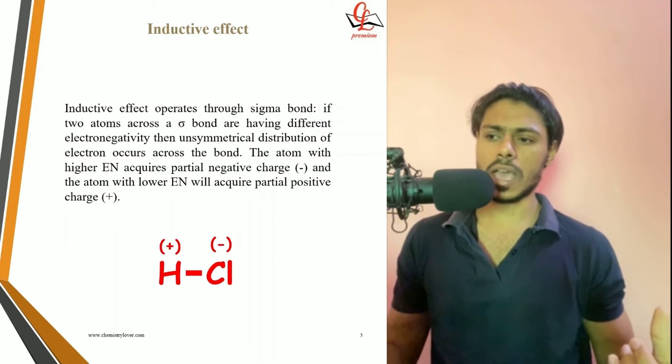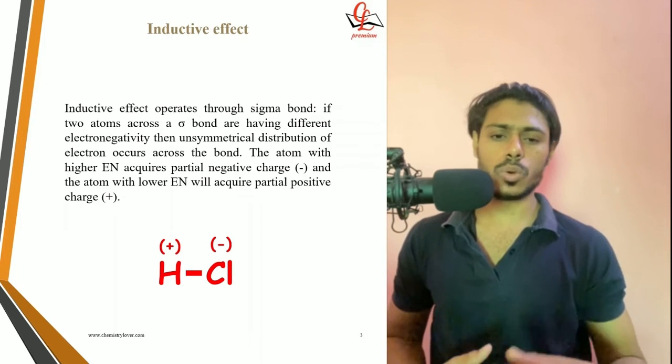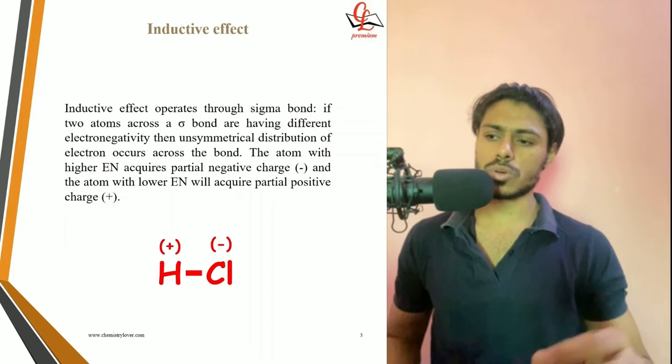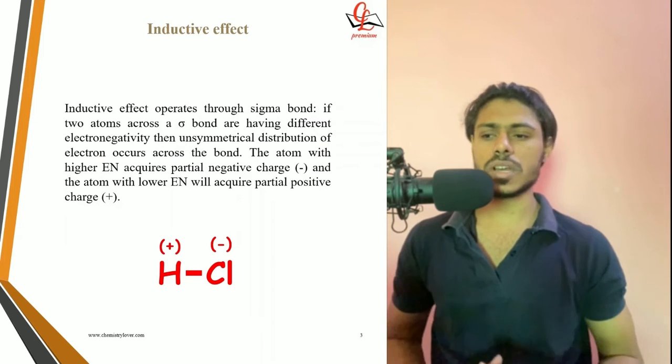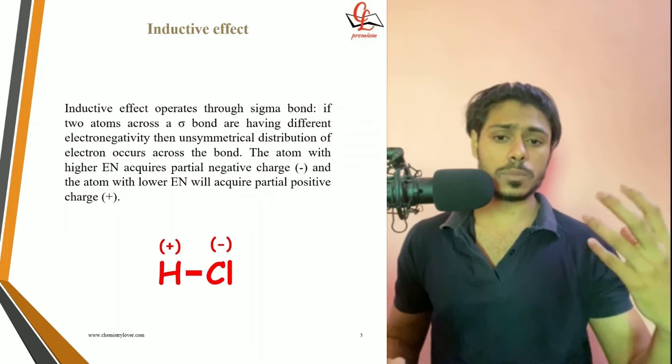In this case we have used the example of the HCl molecule, where chlorine is more electronegative than hydrogen, so chlorine acquires a partial negative charge and hydrogen acquires a partial positive charge. So this is called the concept of electronegativity.